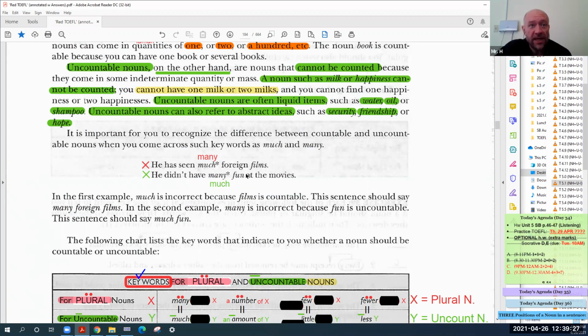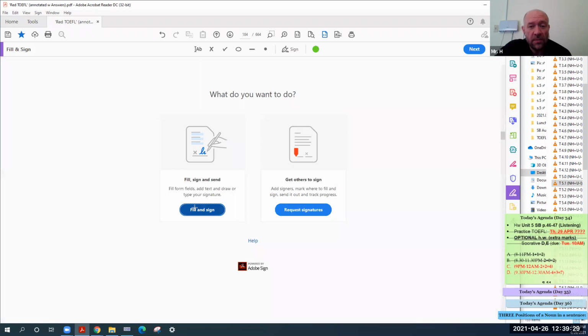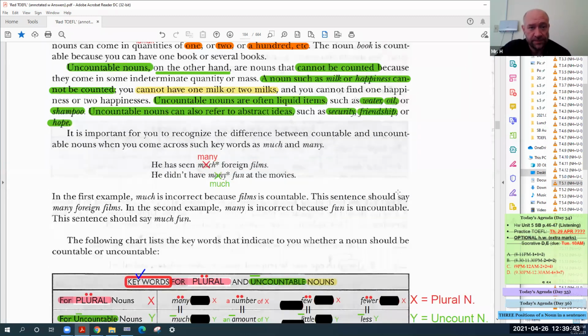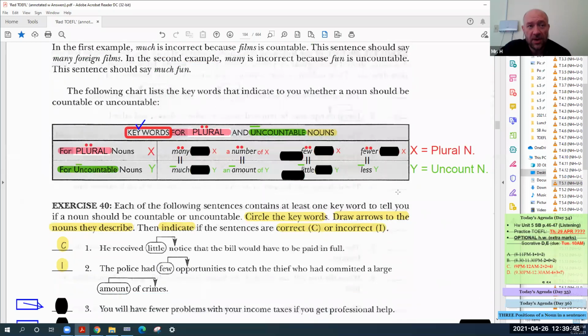So when you have an uncountable noun, you can't use the same word. Okay? Much is uncountable. Many is countable. All right, look at the box here. Can you read this, Mohana?